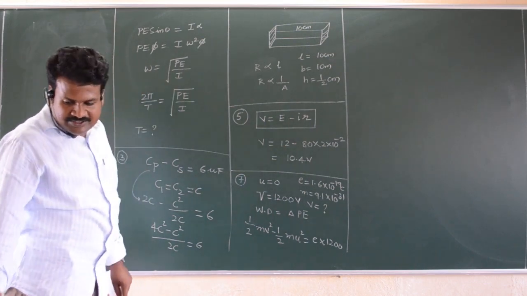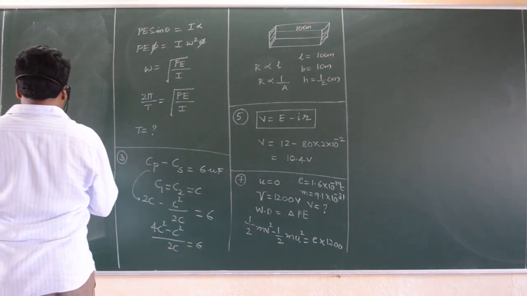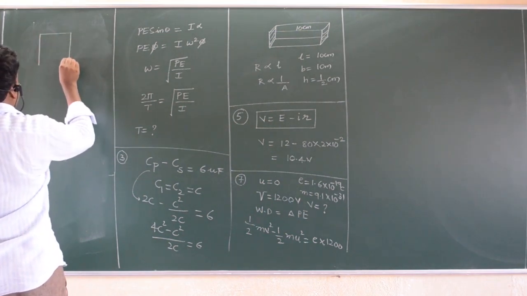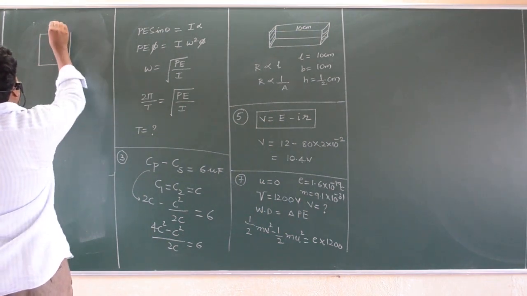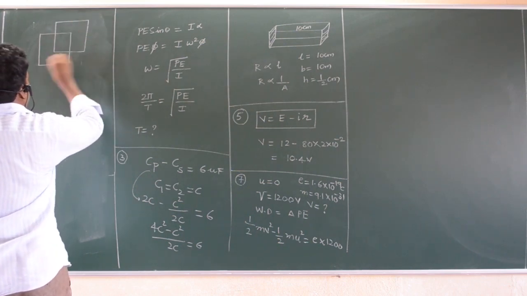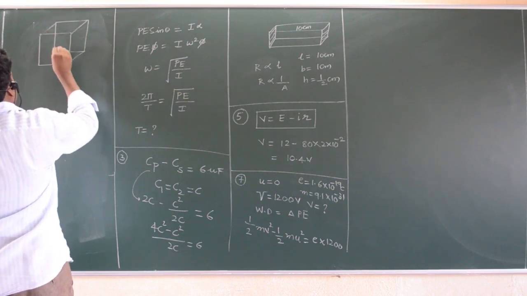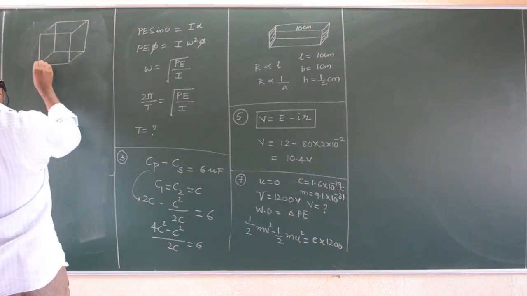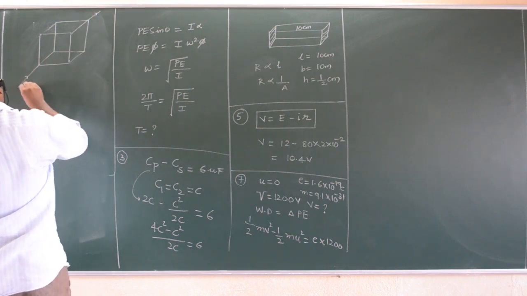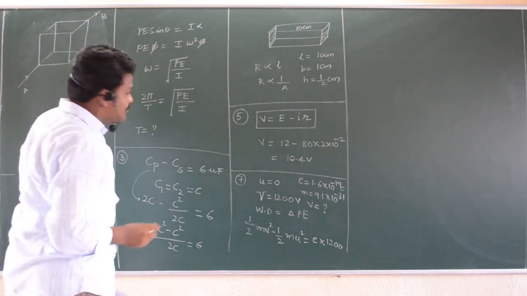In this question, there is a cube, each side is a resistor, and it asks for the effective resistance between the points A and B. Each side is taken as a resistor.